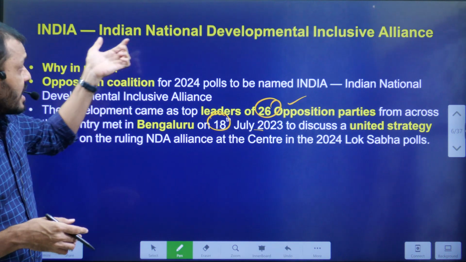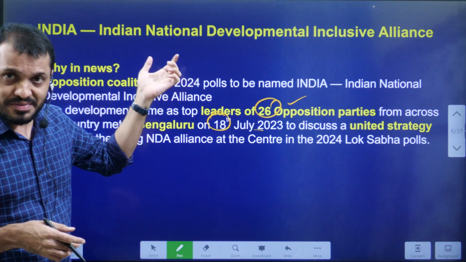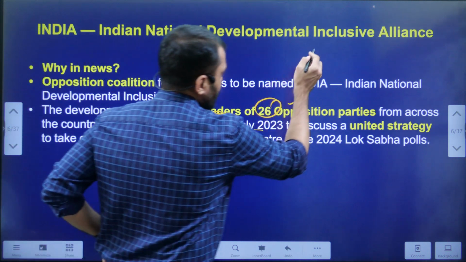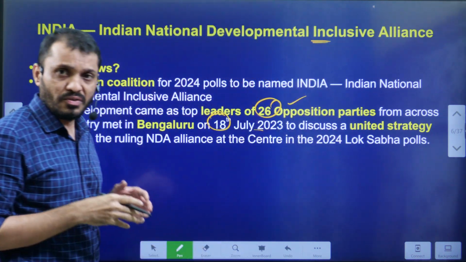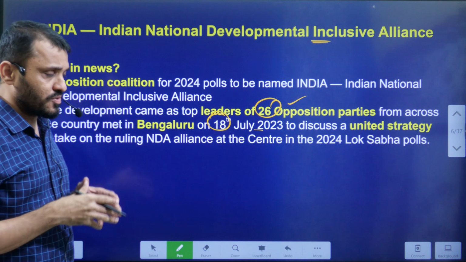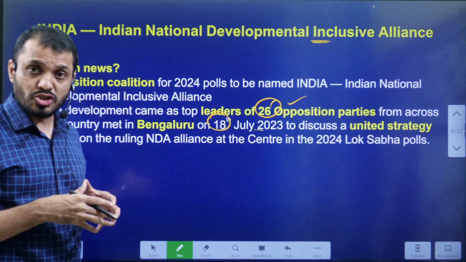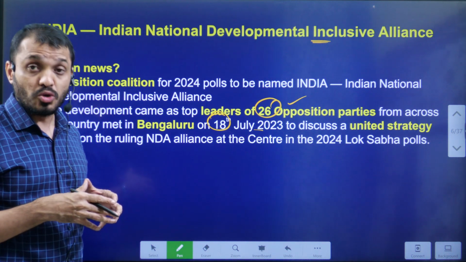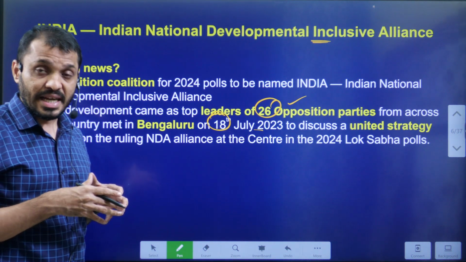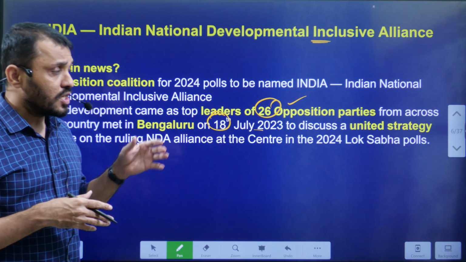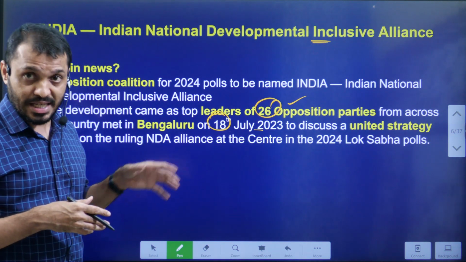Indian National Developmental Inclusive Alliance, an alliance which is inclusive of various ideologies. This alliance is announced in the context of the upcoming Lok Sabha elections to counter the BJP-led NDA, the National Democratic Alliance.